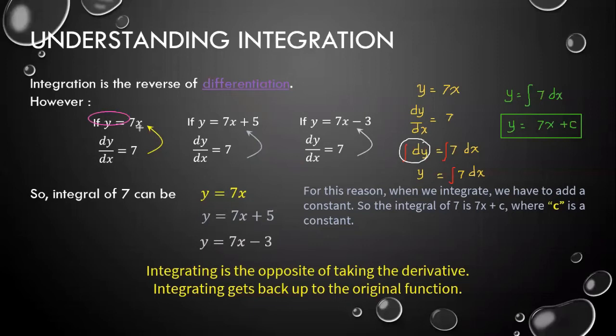When we have y equals 7x and we differentiate it, we find the differentiation of 7x is 7. Integrating gets us back to the original function. So when we integrate 7, we find that the integral of 7 is 7x.